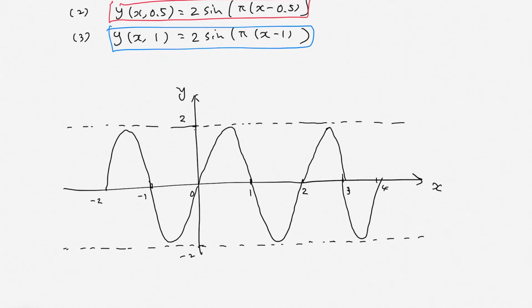The graph 2, I can draw the red ones. If you substitute x equals 0.5, it becomes 0. So it starts from here. And if you substitute 1, it becomes positive 2. So it looks like connecting these two curves. If you substitute x equals 0, this is sine of minus pi over 2. It becomes minus 2.